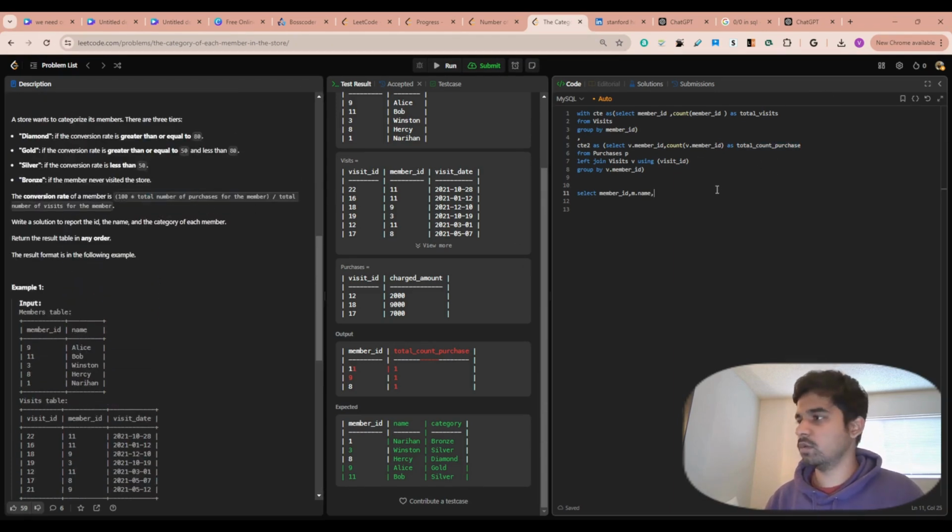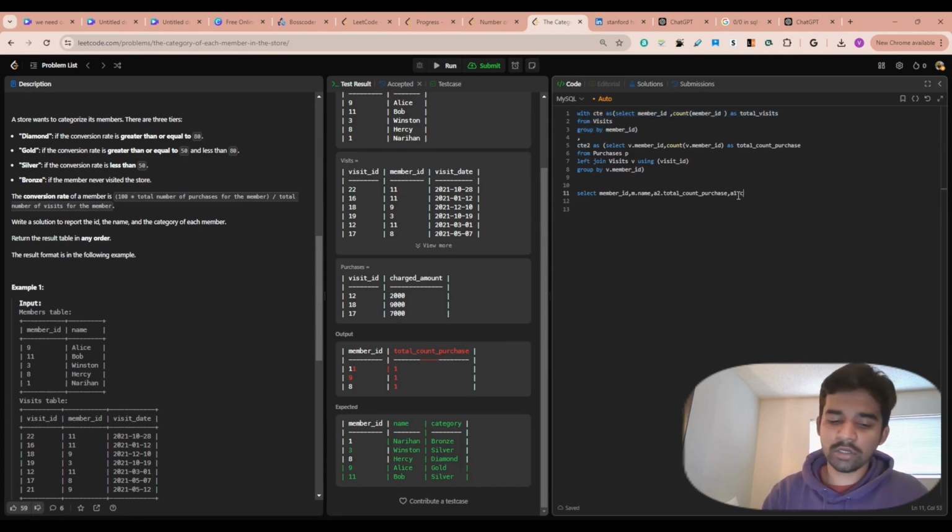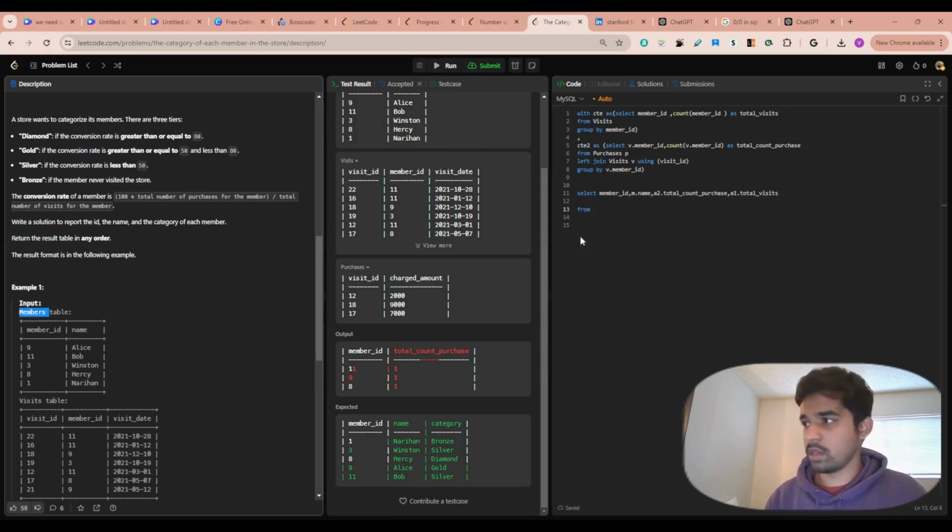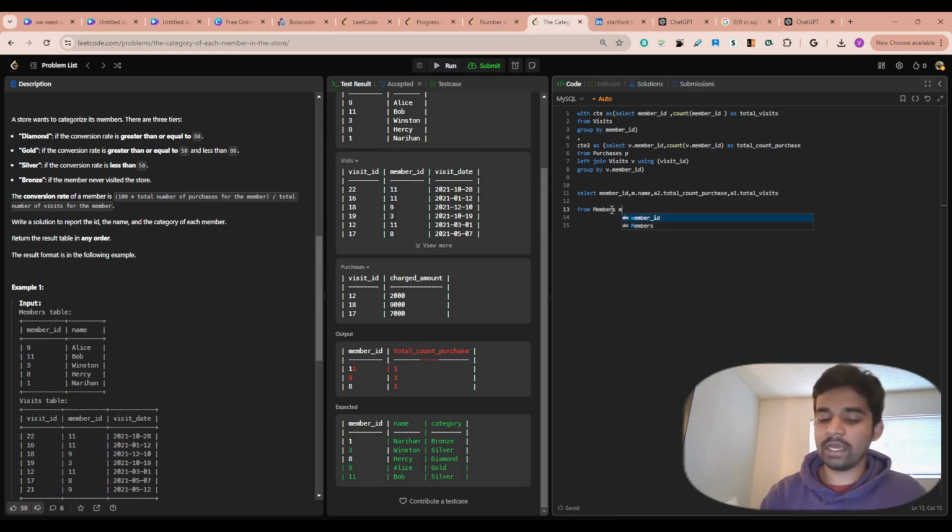So I'll directly use this column, and the alias for CTE2 is A2. Actually we don't need these columns, but just for having a better view while solving it, I'm using those columns. At the very end, I would be removing both the columns. And the alias for the first CTE would be A1, so A1 dot total visits, from members. As I've said earlier, the alias would be M.